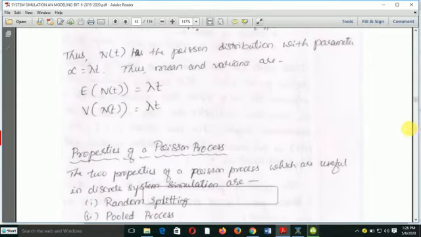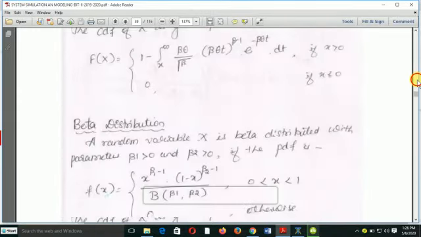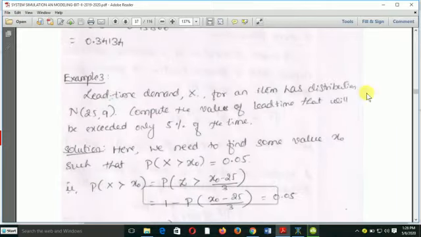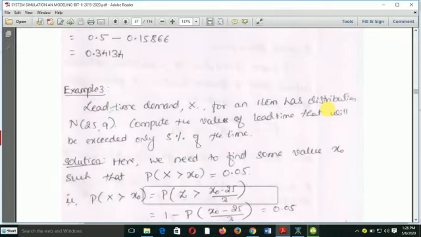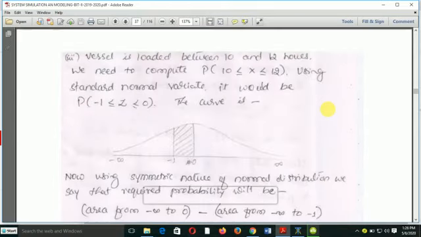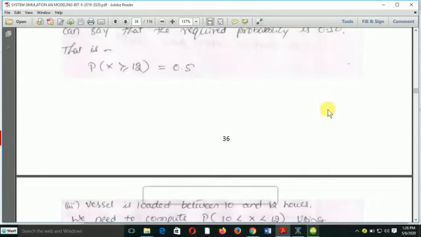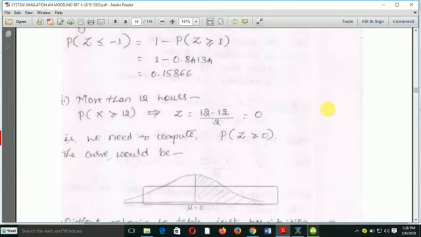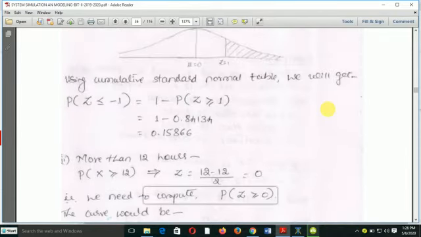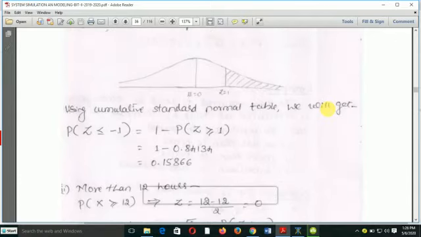So I go up and check. I find this one, so it is okay. Then I take 1 minus this, and I find 0.158666.